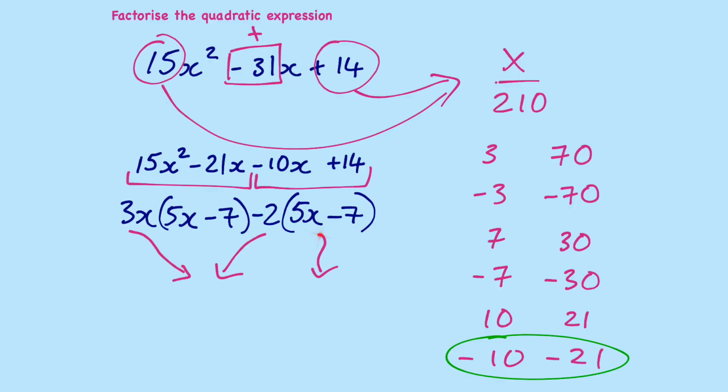Then bring this bracket down below, so I've got 5x minus 7, and then I combine these two terms together and I get 3x minus 2, and that is my final answer.